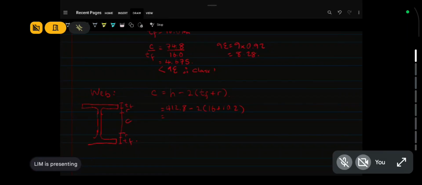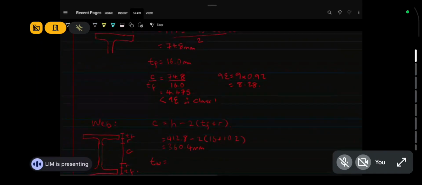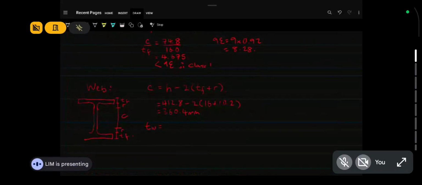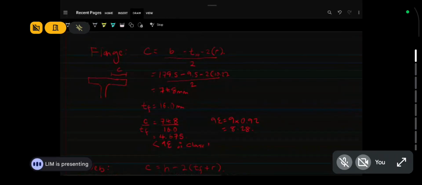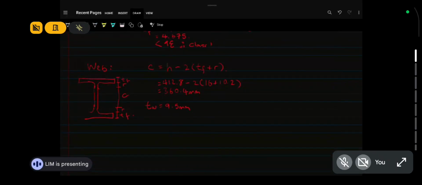So 16 plus 10.2 times 2 minus 412.8 is 360.4 millimeter. Now, TW we had just now, 9.5. So to check the web, the formula is C divided by TW.